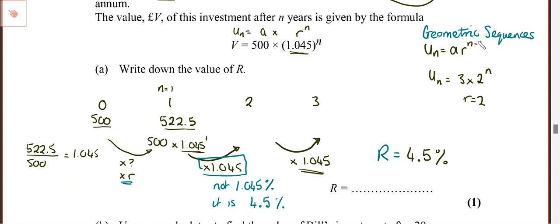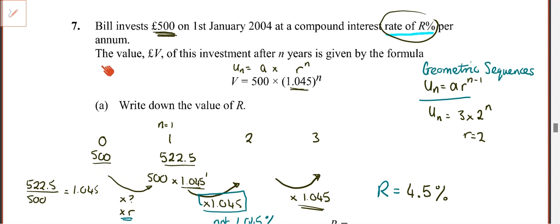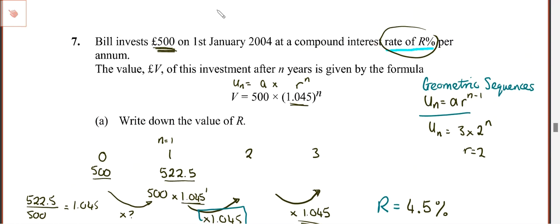I've got my knowledge of the fact that that is a geometric sequence. We've already identified compound interest is a times r, that's what we're talking about, which we know gives me a geometric sequence.